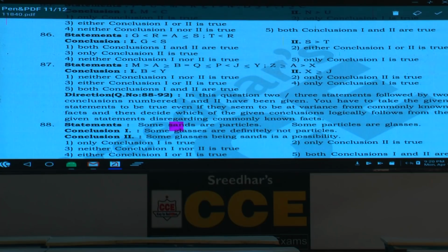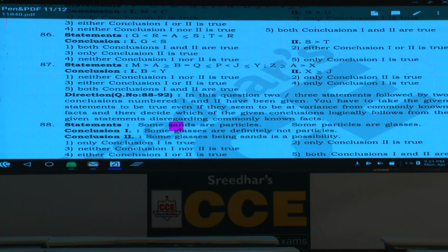Now the relation between X and J, first one definitely true. X at this place and J at this place, the letter which is common is A. Now between A and J itself we are having two different symbols, hence no relation can be drawn, hence only conclusion 1 is true. Choice 4 is the answer. 87, choice 4. Done with this?